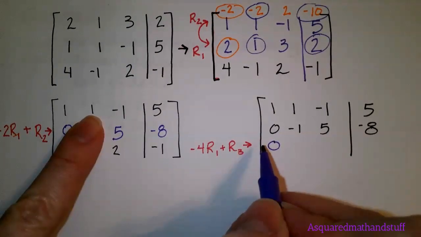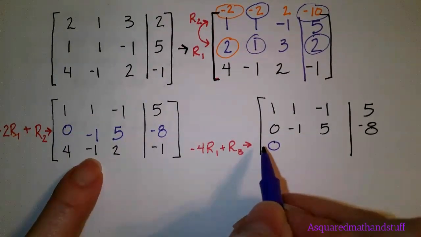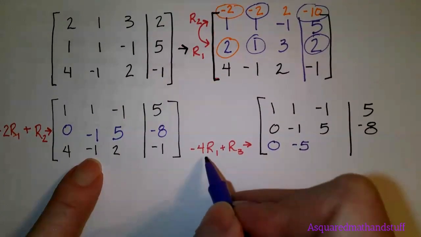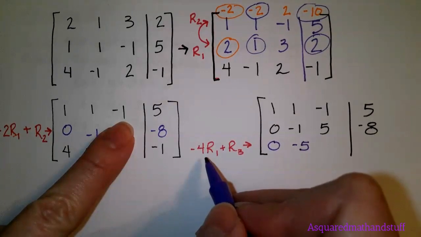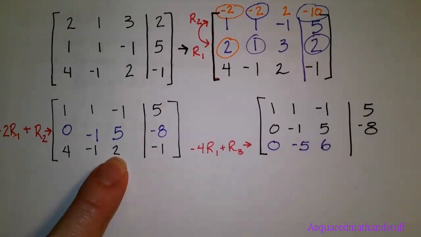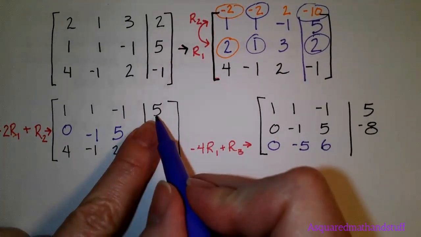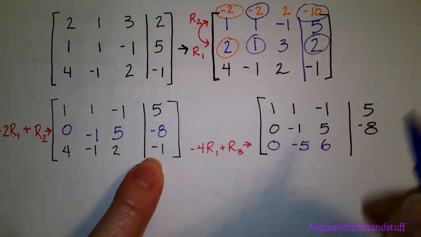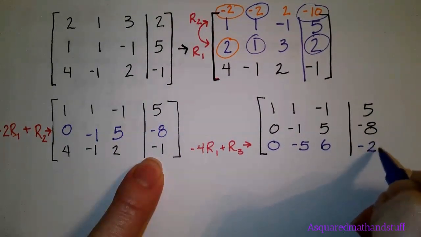Negative 4 times this one, add it to negative 1, so we end up with a negative 5. And then a negative 4 times negative 1 gives us positive 4, plus 2 gives us 6. And then finally, negative 4 times 5 gives us negative 20, minus 1 gives us negative 21.